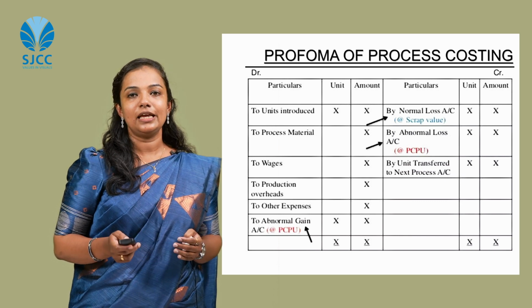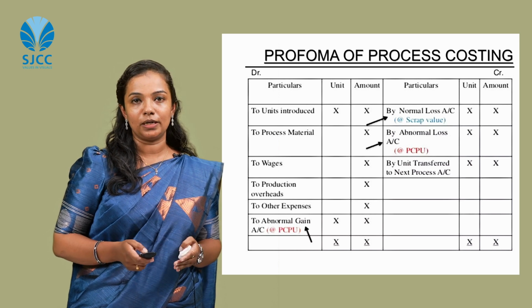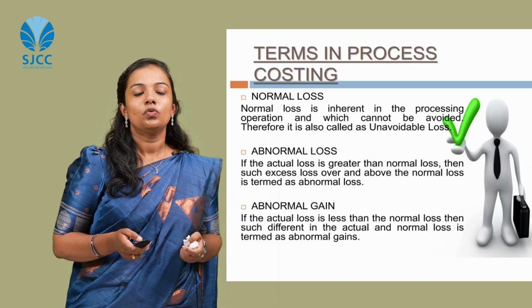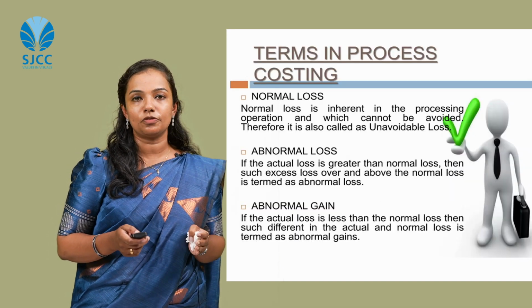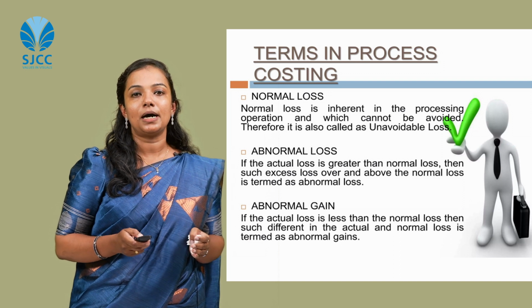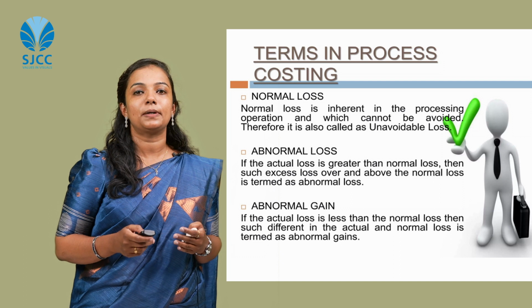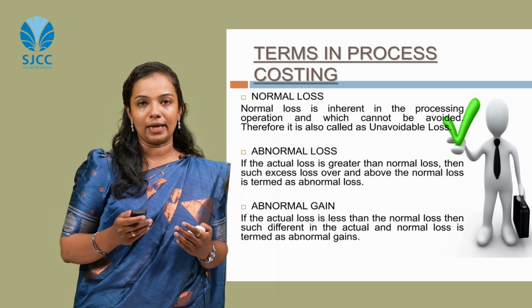Now, if you see on the credit side here, we have by abnormal loss, normal loss and by units transferred to next process account. What is normal loss? Normal loss means that in the normal course of production based on past history, it is expected by the management that a particular percentage of our input will be lost no matter what.